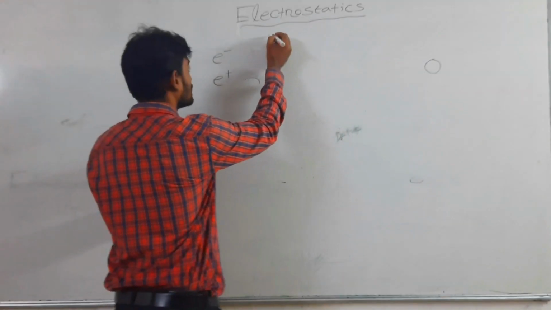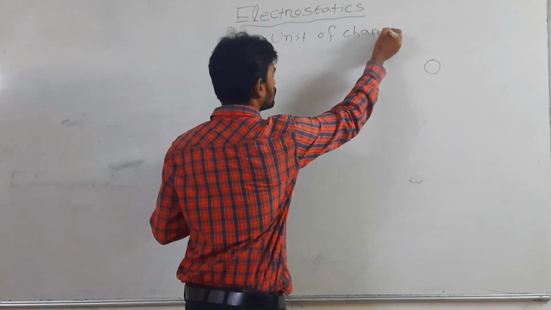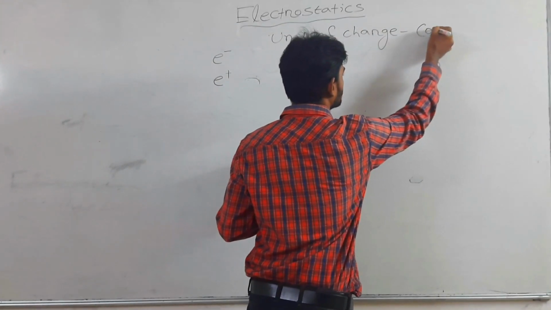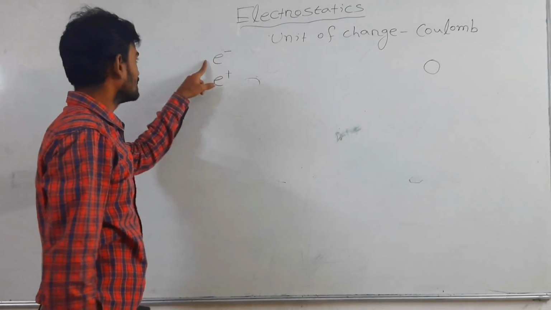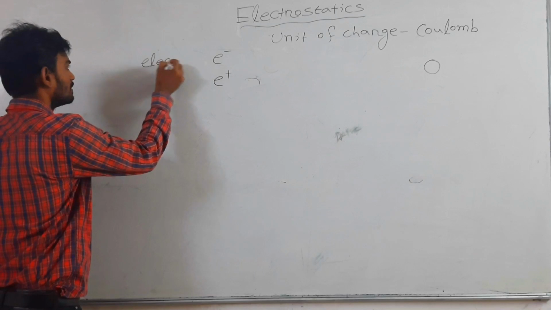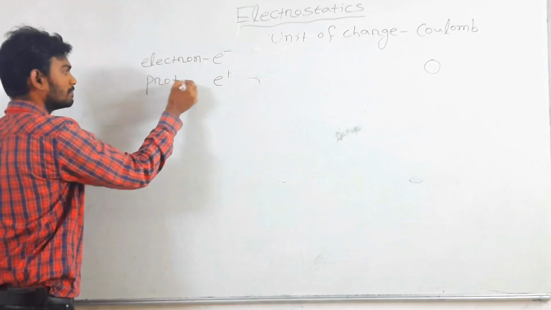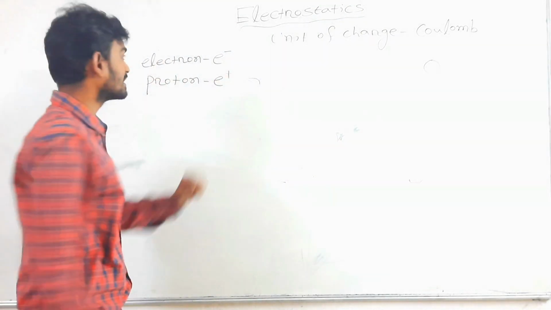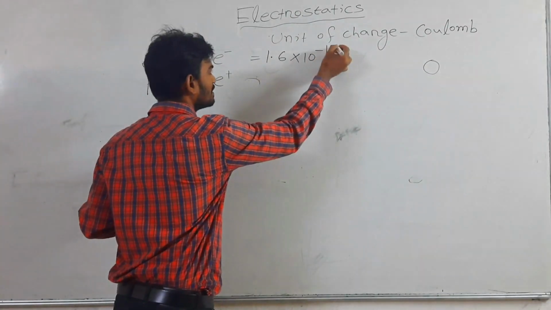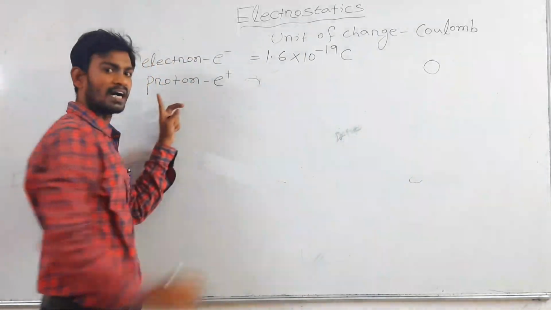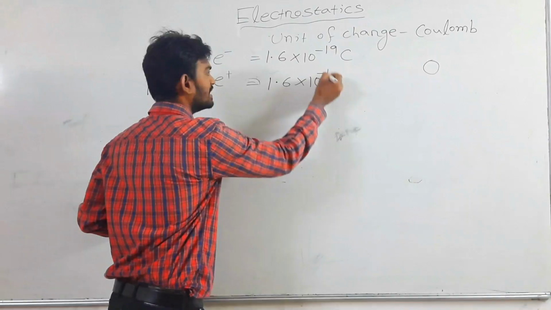What is the unit of charge? Coulomb, C-O-U-L-O-M-B. The charge of an electron is 1.6 into 10 to the power minus 19 coulomb, and the charge of a proton is 1.6 into 10 to the power minus 19 coulomb.